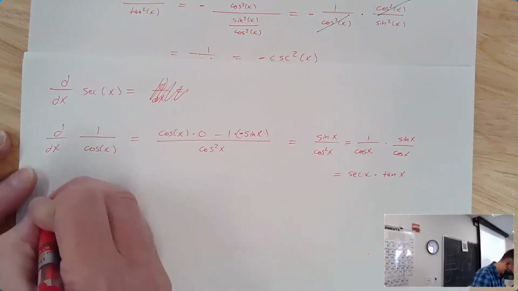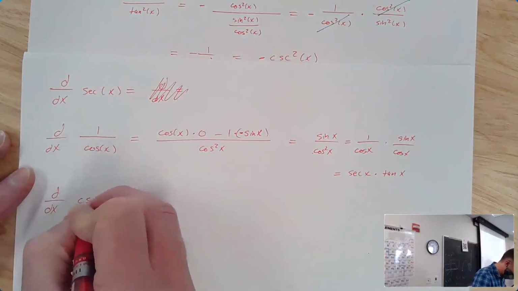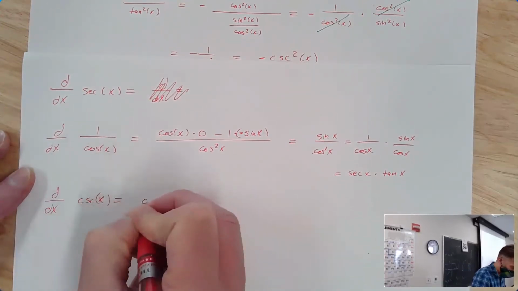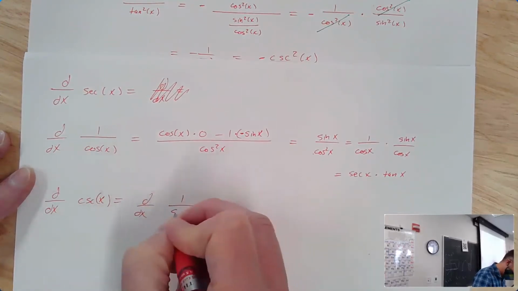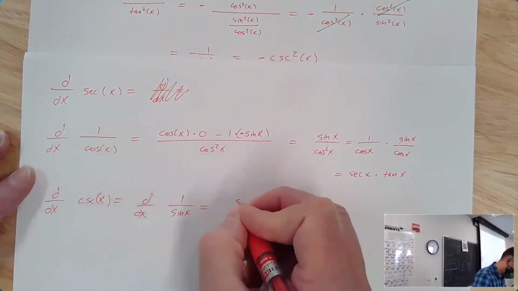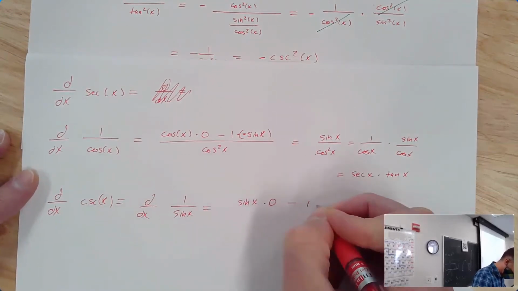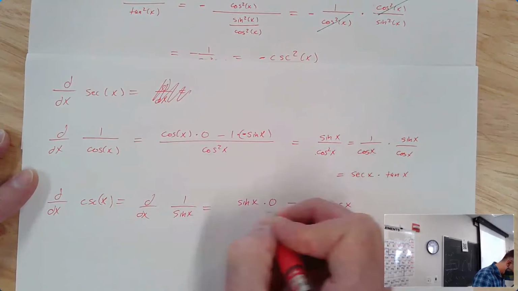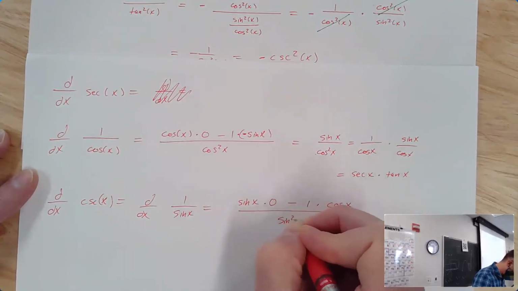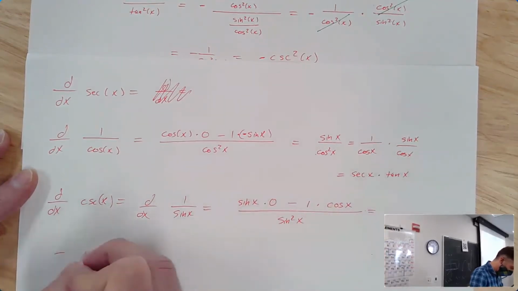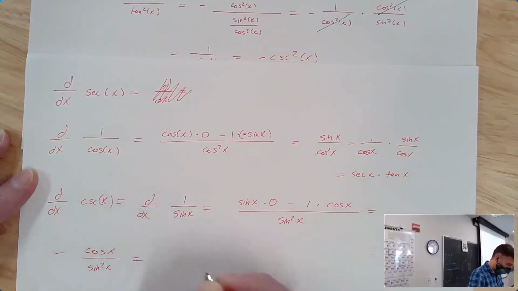Let's actually do it. So the derivative of cosecant of x is the derivative of 1 over sine of x, which is the bottom, times the derivative of the top, minus the top, times the derivative of the bottom, all divided by the denominator squared. And that's going to be negative cosine of x over sine squared of x, which we're going to break up in a similar way.